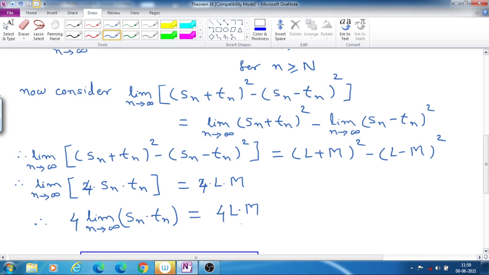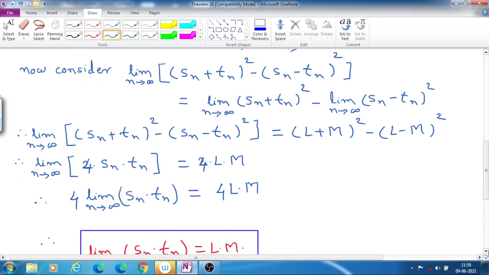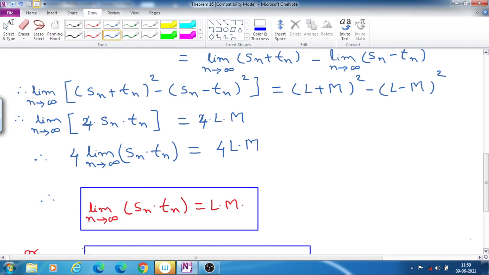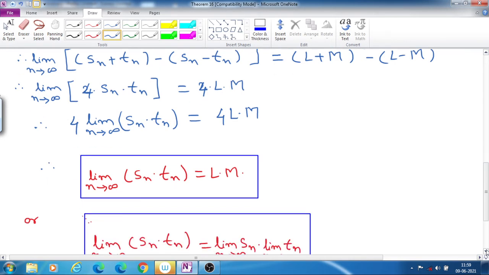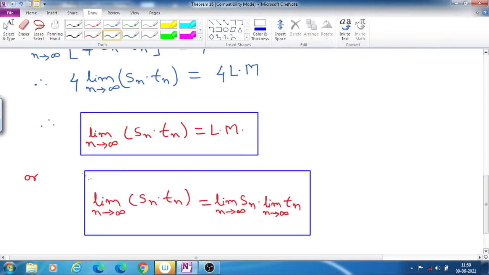So this is equal to 4 times L into M. Therefore 4 gets cancelled, and we get limit of Sn into Tn is equal to L into M. That means we can separate this limit into a product. So limit of Sn into Tn is equal to limit of Sn into limit of Tn.